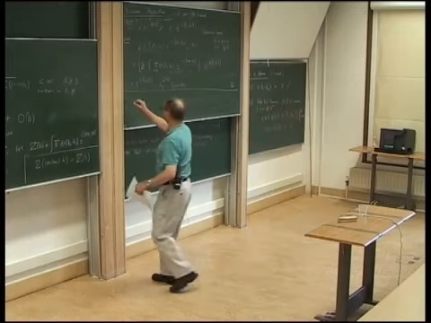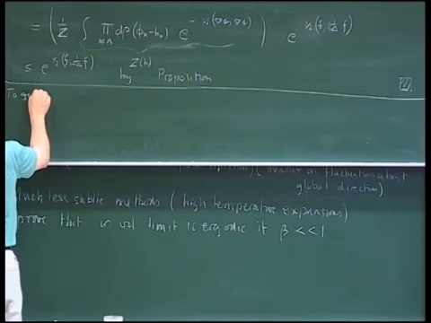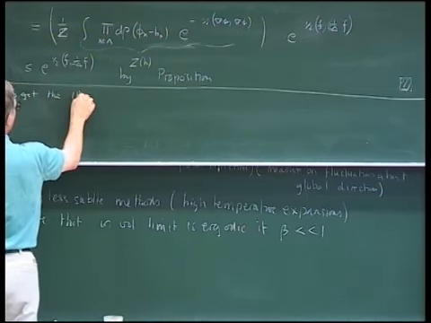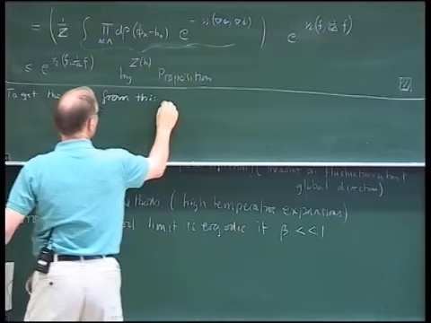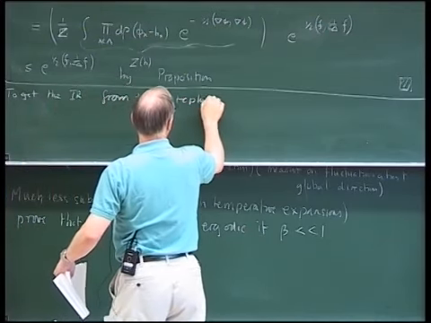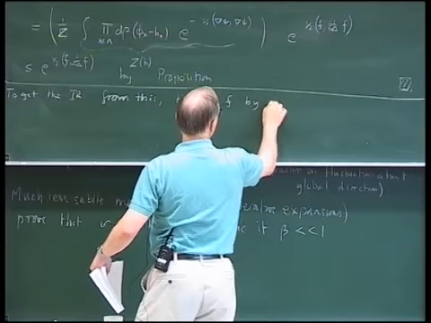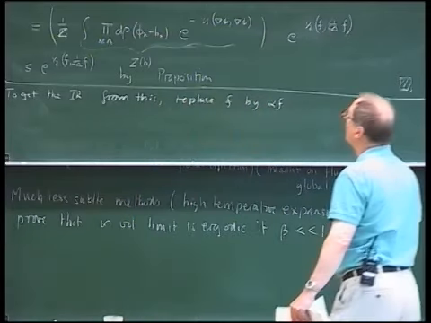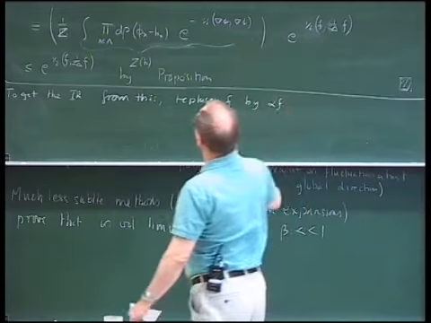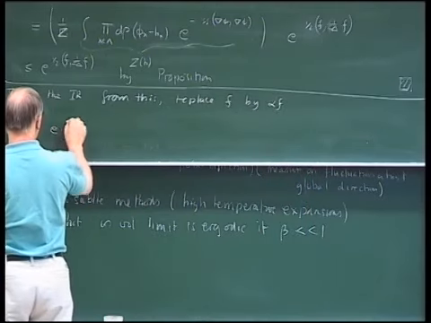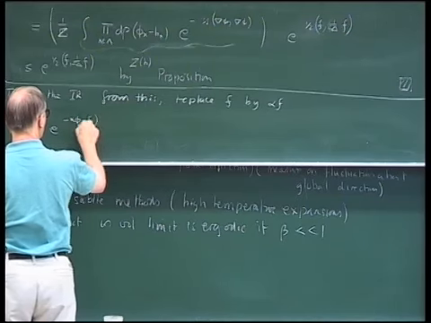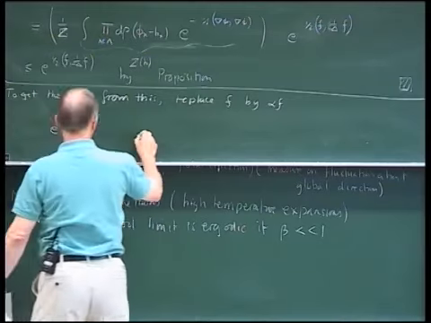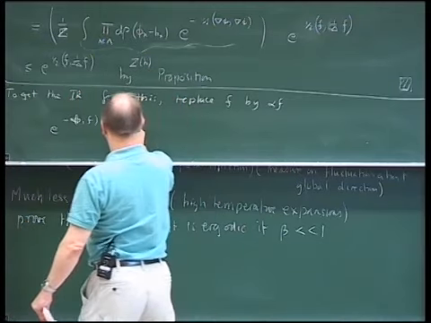So to get the IR bound, the infrared bound, from this, replace f by alpha f in the inequality. So you get e to the minus phi with an alpha in front, f, and there's an expectation.